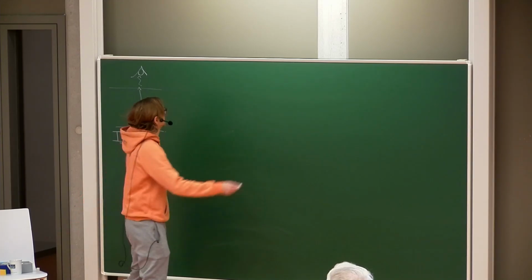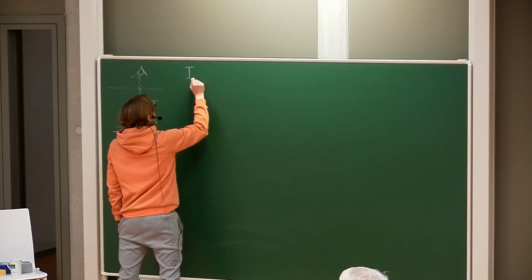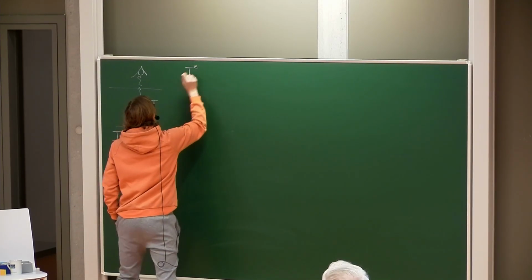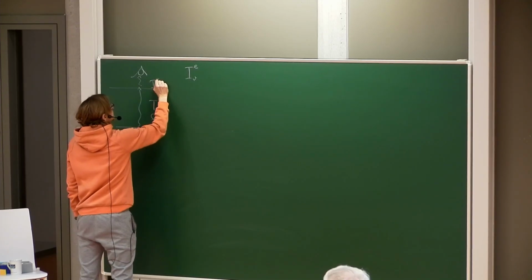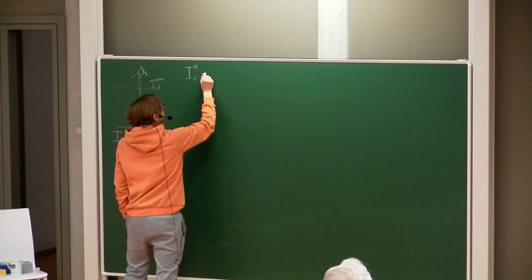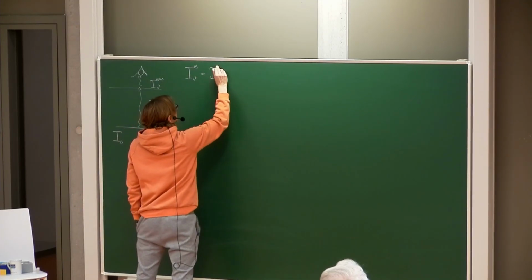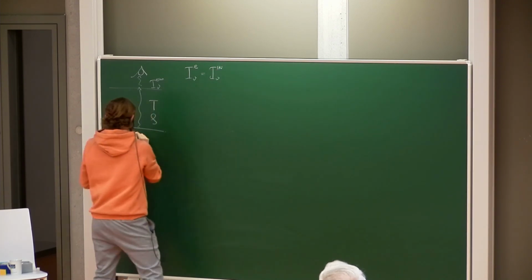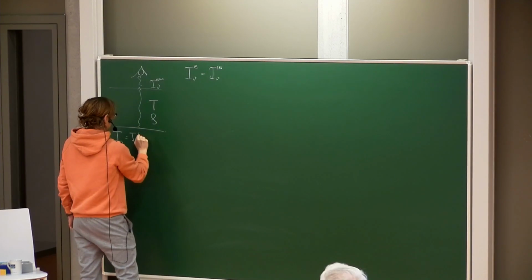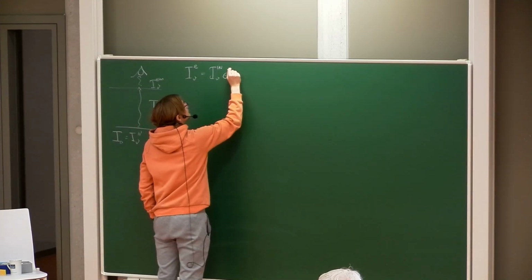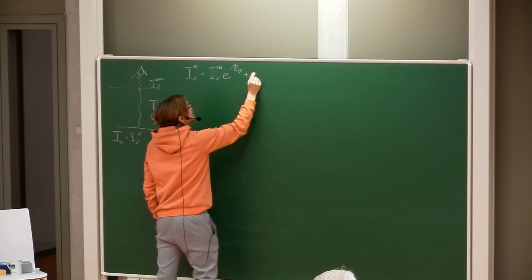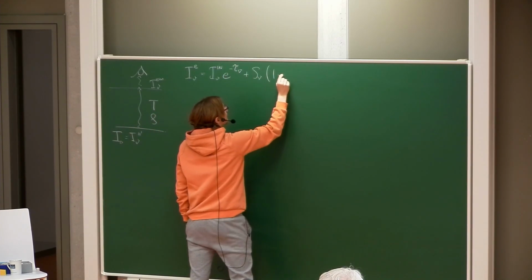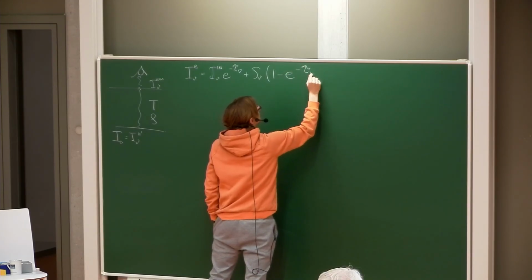So the homogeneous slab solution is that the emergent intensity at the frequency nu is going to be the incoming intensity at the bottom, e to the minus optical depth, plus the source function times 1 minus e to the minus tau nu.